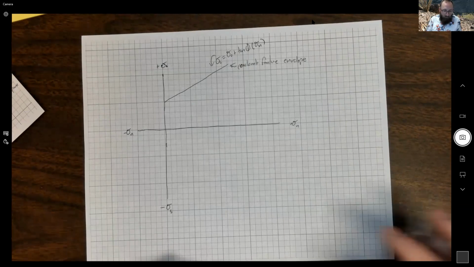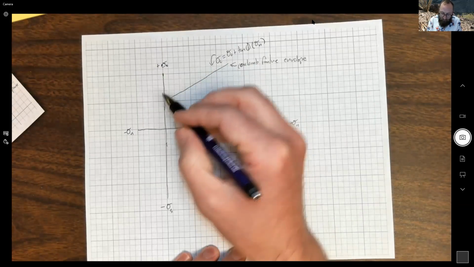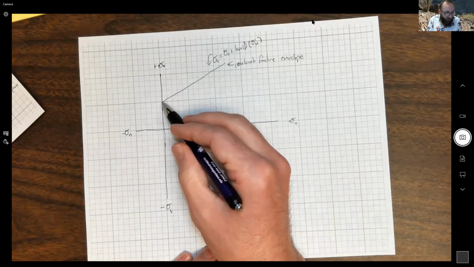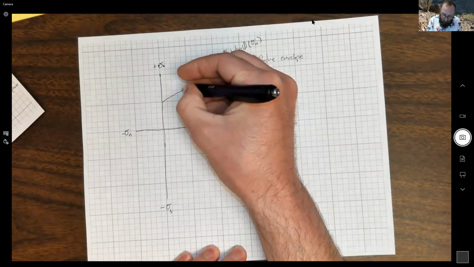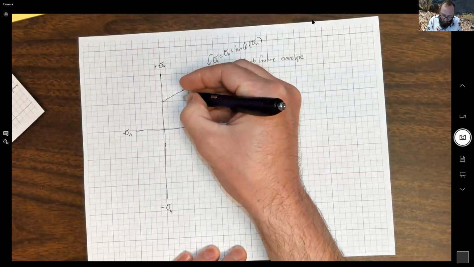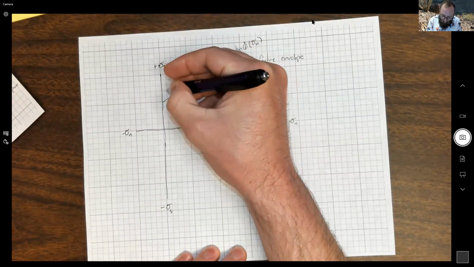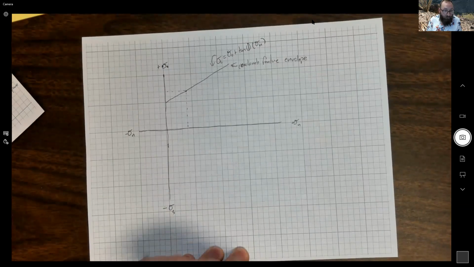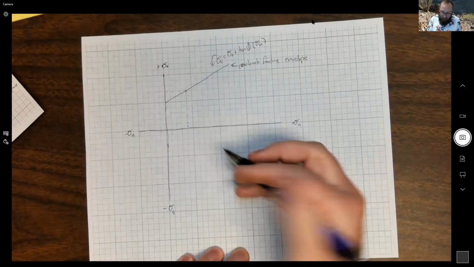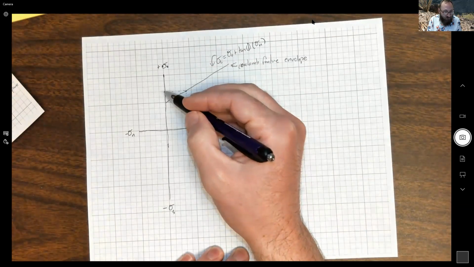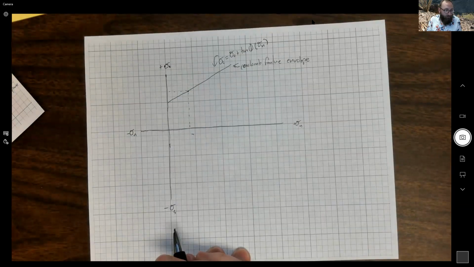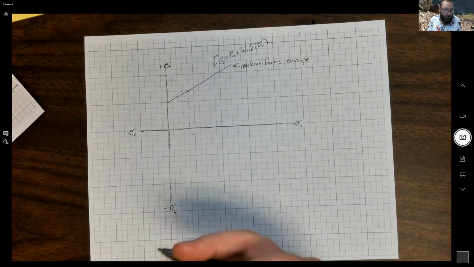Every point on this failure envelope line has an xy coordinate. For example, here, it has an xy coordinate that reveals the magnitudes of normal stress, which is the x-axis, and the shear stress that's on the fault at the time of failure.